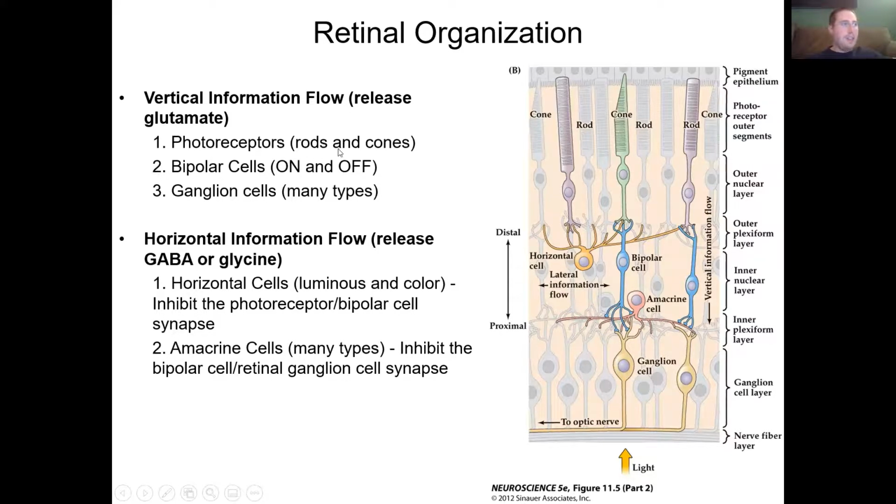And I put in here the different types of the cells because along this pathway, you get more and more cell types. So initially you have the rods and the cones, and you have a couple different cone types. We have 3 cone types if we're trichromatic, but you only have a couple cell types. Then you move on to the bipolar cells, and you have several types. You have ON types that respond only to light turning on.